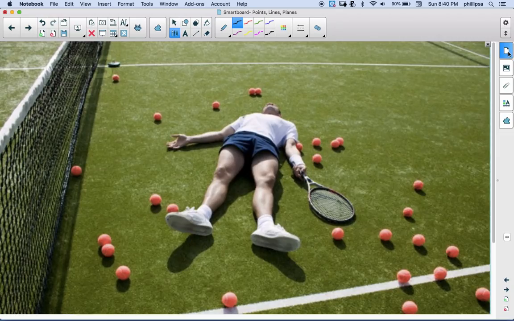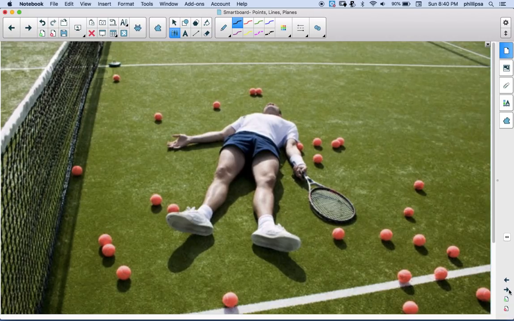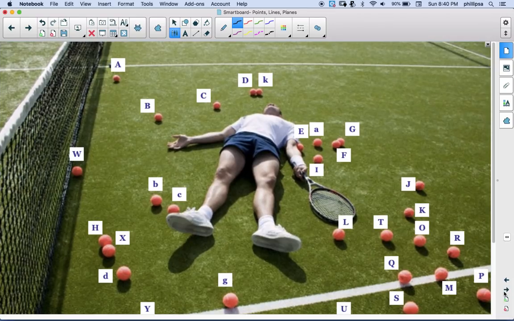I could give some points of reference, like close to this line, close to the man's racket. But if the picture looked more like this, I could very easily say, how about tennis ball T? So it's the same idea behind points. We label them with a capital letter to be able to locate them the easiest and fastest way.